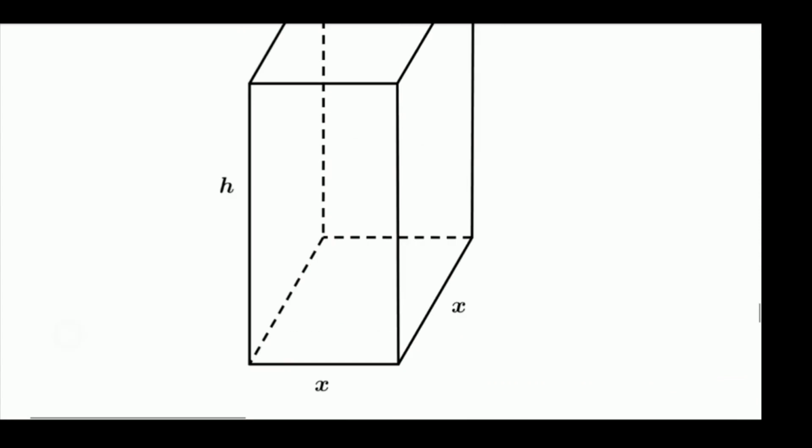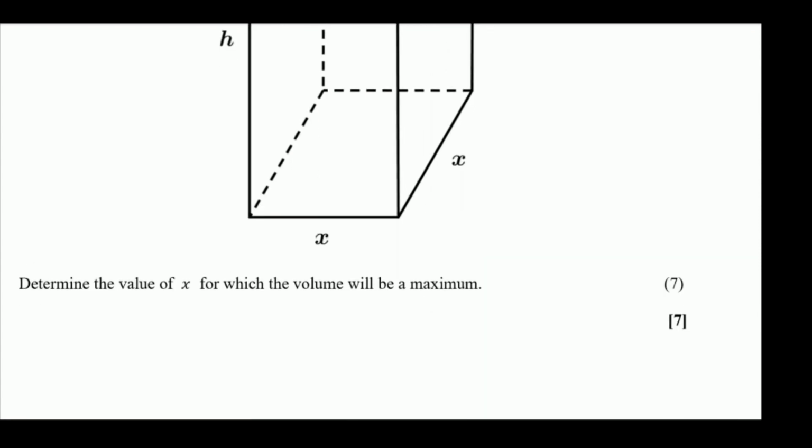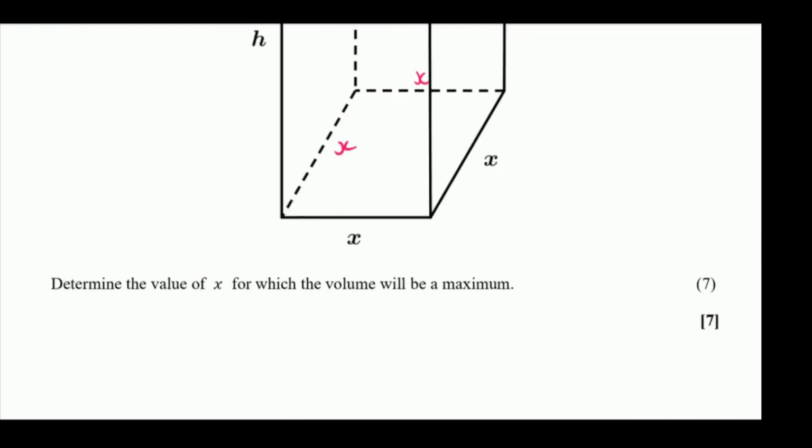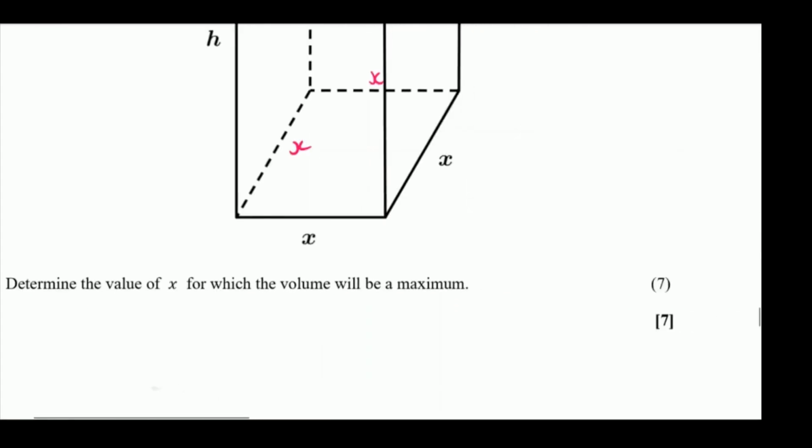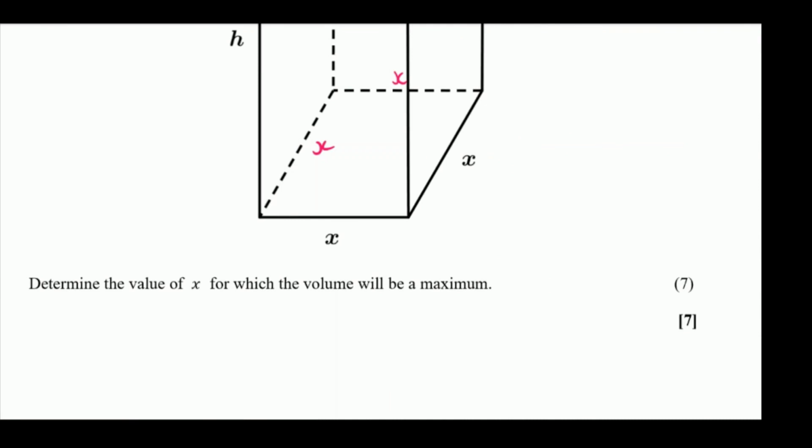So this is the shape of the box, and if you can see the base, it's x and x, so x there and there. Now they say determine the value of x for which the volume will be a maximum.